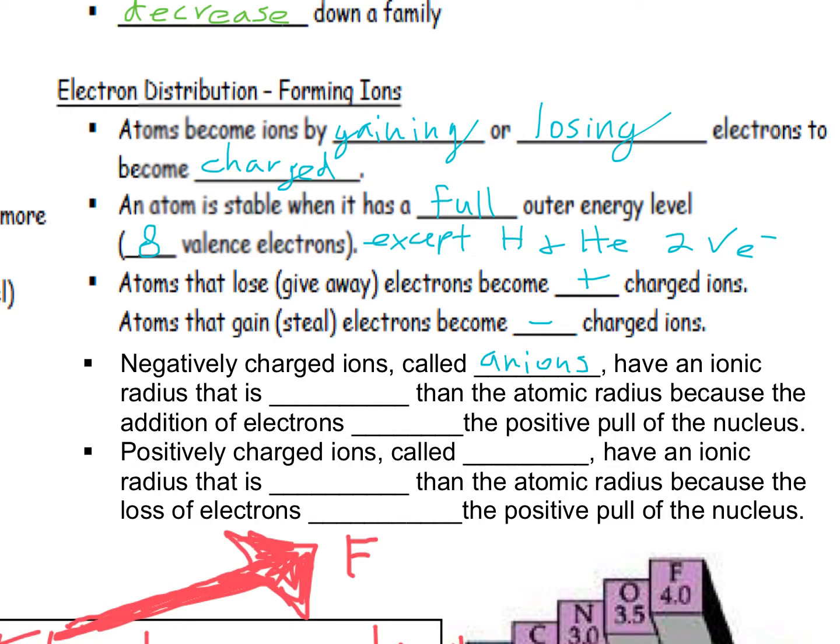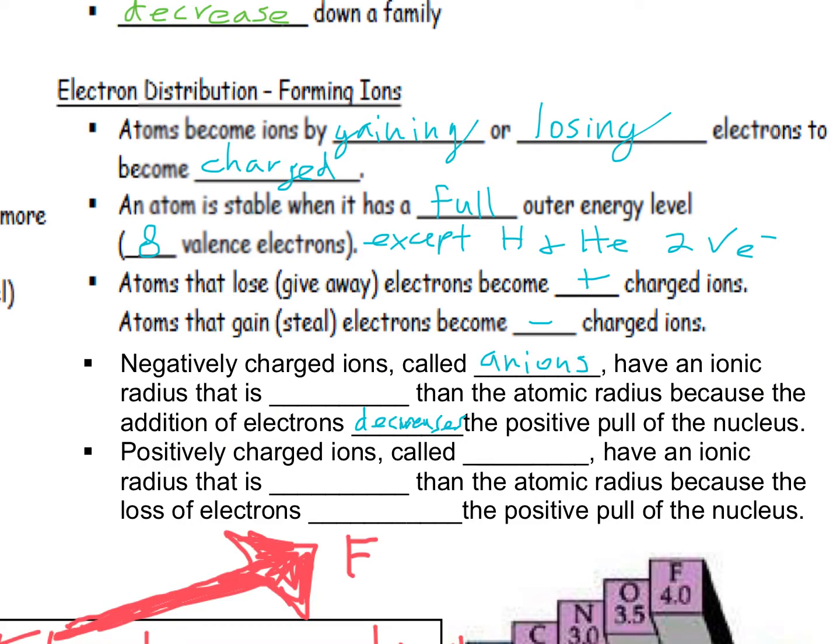A negative ion has an ionic radius that is larger than the atomic radius, because the addition of electrons decreases the positive pull of the nucleus.